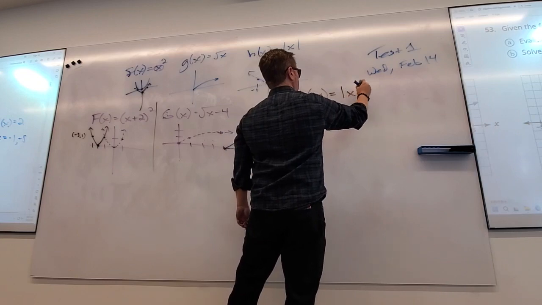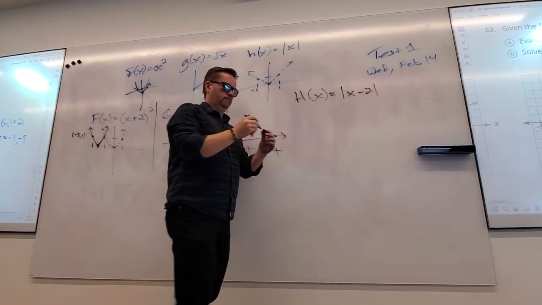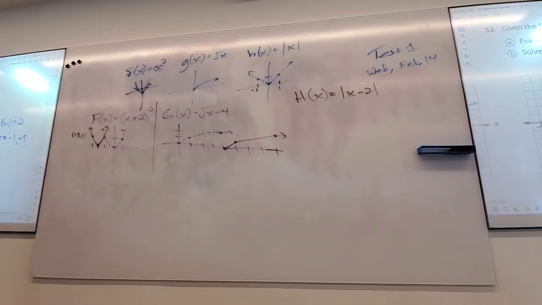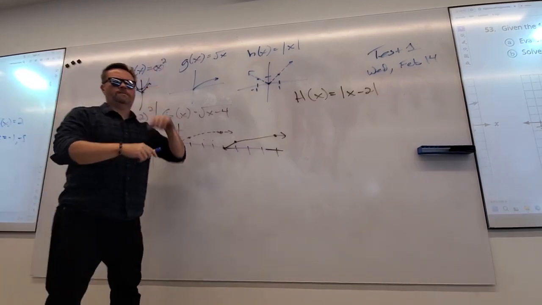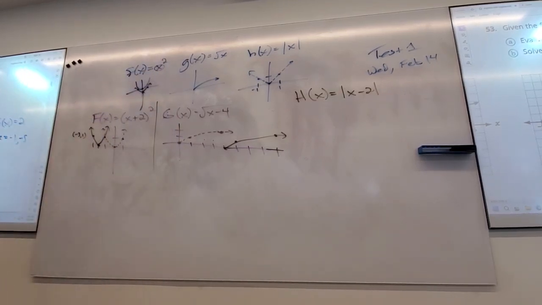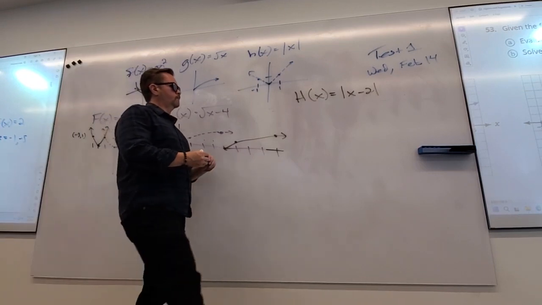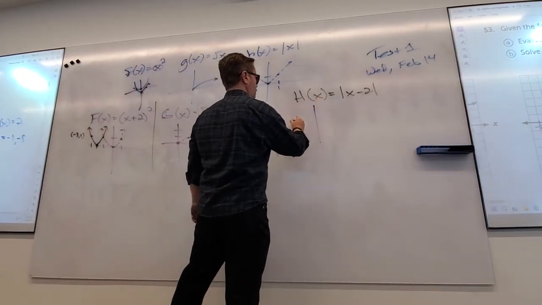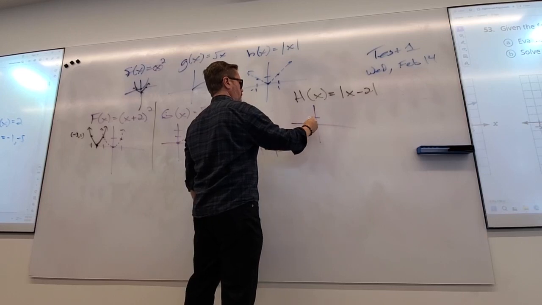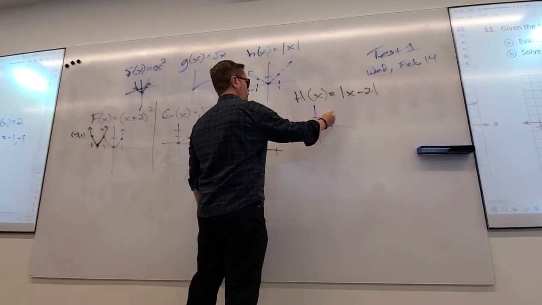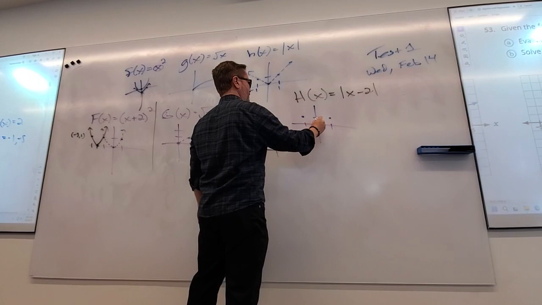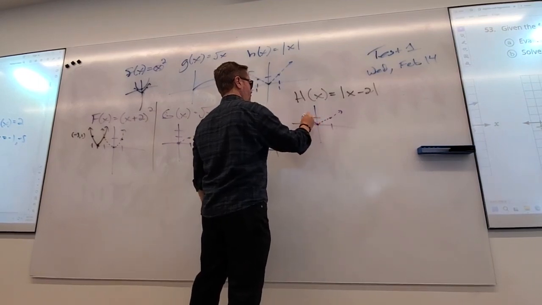Graph the base function, make it dotted, and then move things the correct direction. It's going to have to go to the right.